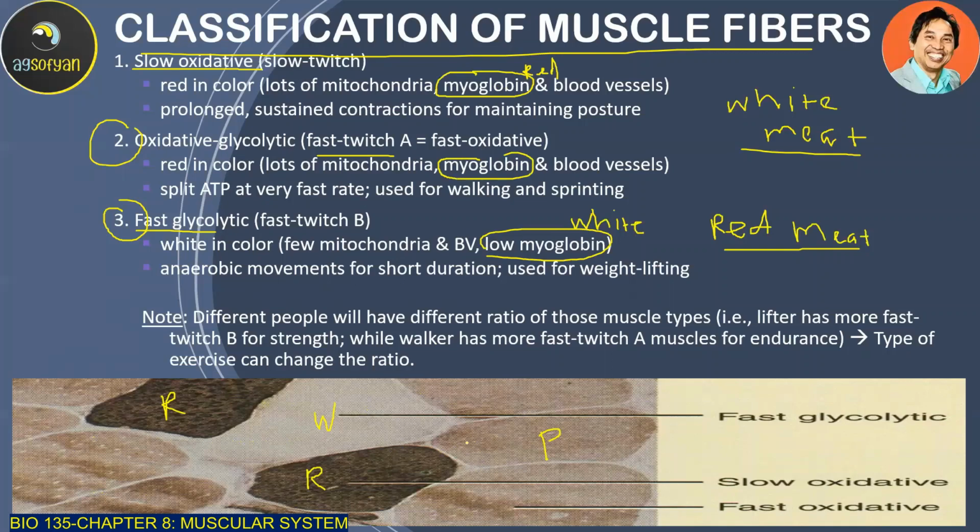How we exercise and perform our daily activities will really make a different ratio in our muscles. People that perform a lot of activity usually have a lot of white meat. Remember white meat, chicken, they are very active, right? So they can move around, but they usually get tired easily.